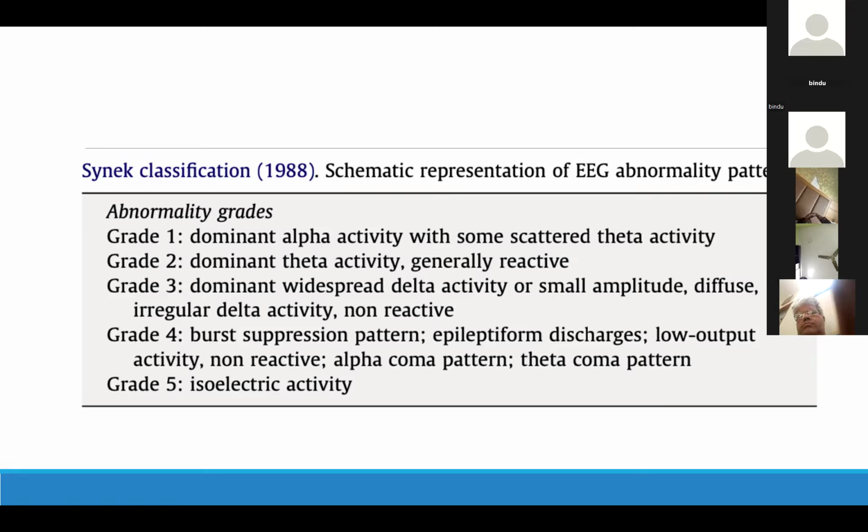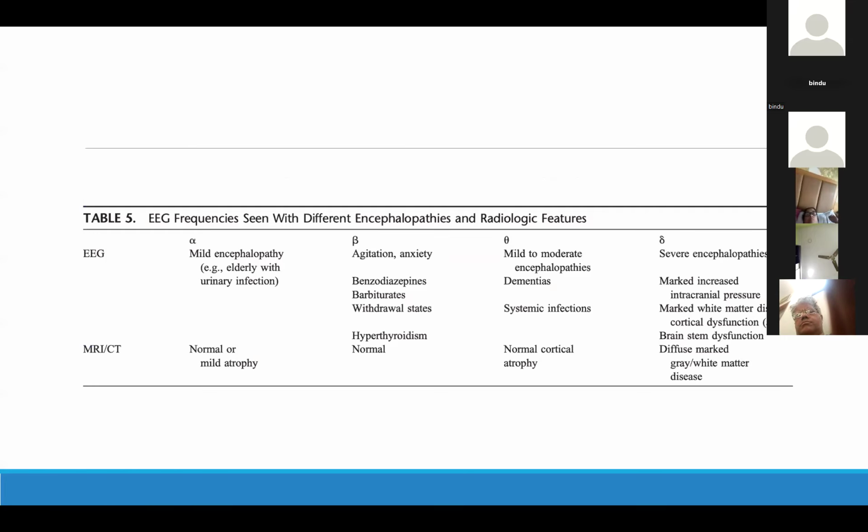Grade 1 and reactive grade 2 are mild stages of encephalopathy. Grades 3 and 4 are moderate to severe ones, and 4 and 5 are very severe ones. Different encephalopathies can have different characteristic EEG frequencies. Alpha frequencies are usually seen in mild, reversible encephalopathy, like elderly with urinary tract infection, as well as metabolic encephalopathies.